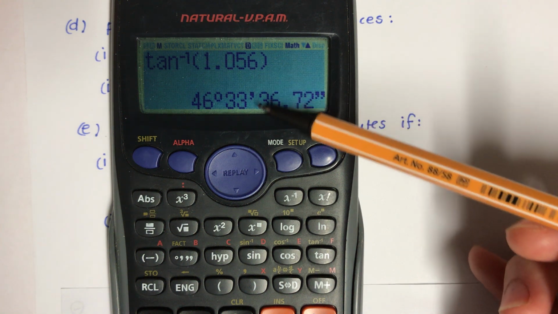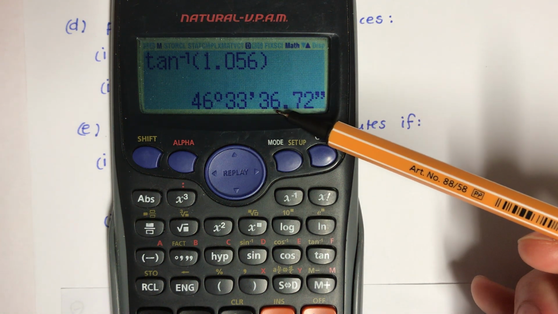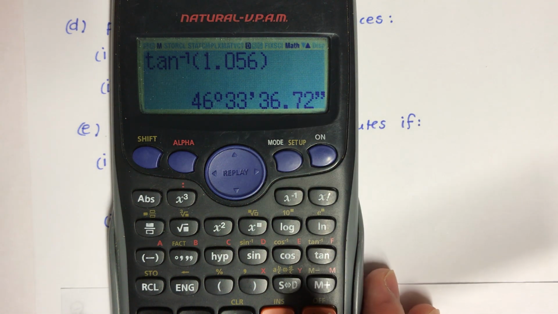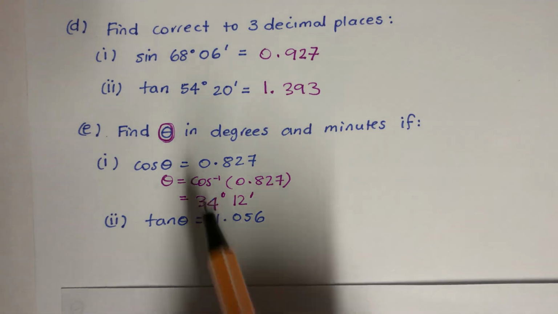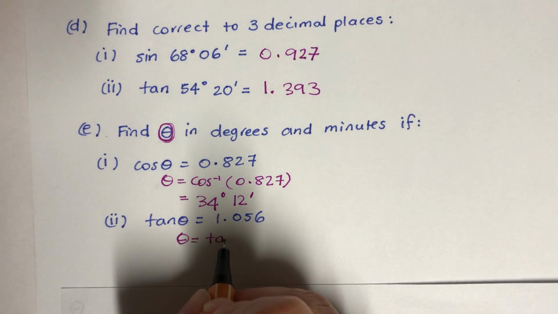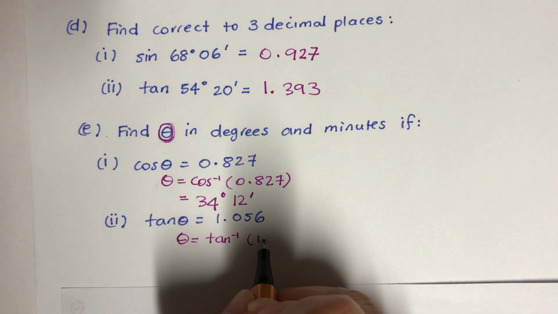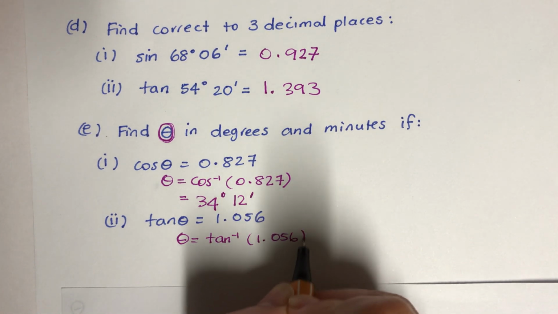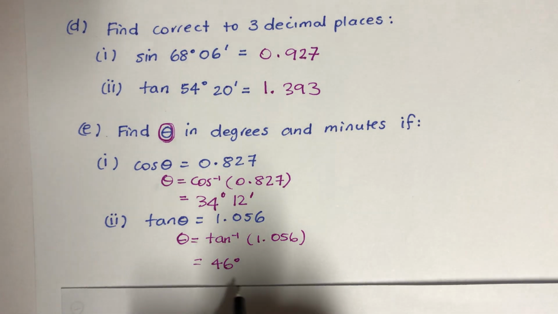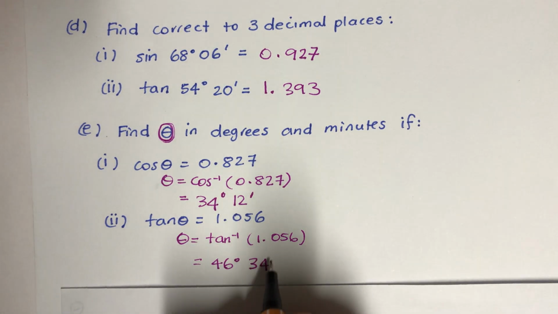But because seconds are 30 or more than 30, it's going to round it up. It'll become 46 degrees and 34 minutes. So I'm going to write that down. But before I do that, I'm going to write my working out. tan inverse of 1.056 equals 46 degrees and 34 minutes.